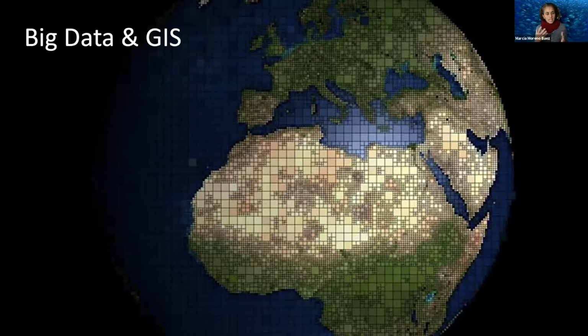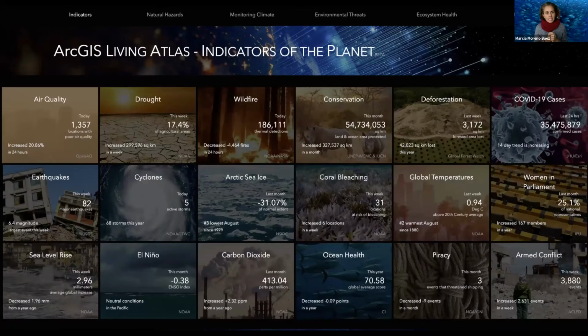Technology has brought us the opportunity to empower GIS with big data, and the success of geospatial applications in any project will depend heavily on the selection, collection, sorting, and end use of data. For example, a big effort by organizations such as UN Sustainable Development, Microsoft, National Geographic, and ESRI is the ArcGIS Living Atlas Indicators of the Planet.